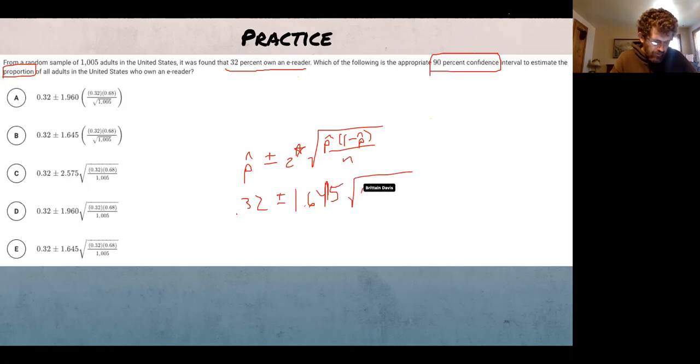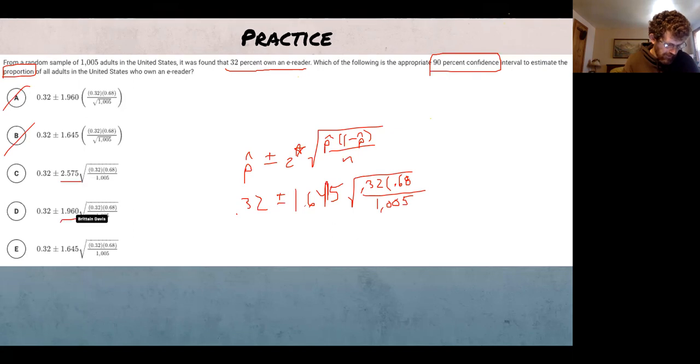P hat again is 0.32, 0.68, and 1005. So without knowing the critical value, I can rule out two of them, but I need to know the critical value to get the last part of it right, because everything is the same for C, D, and E except the critical value. And there it is.